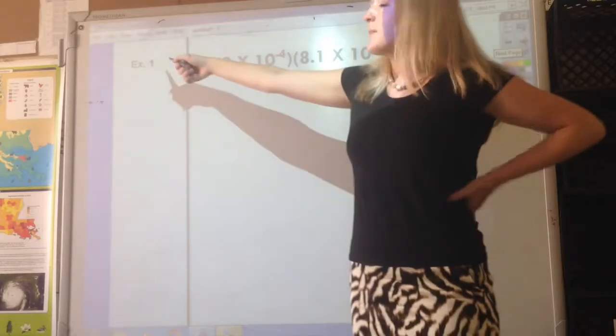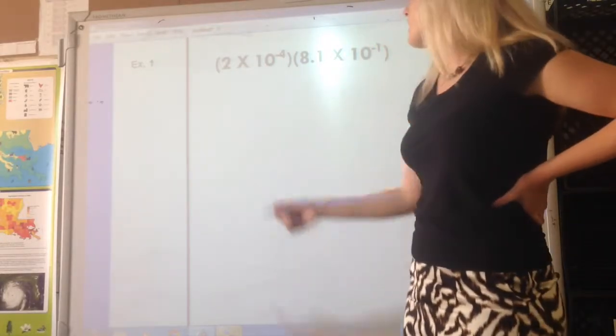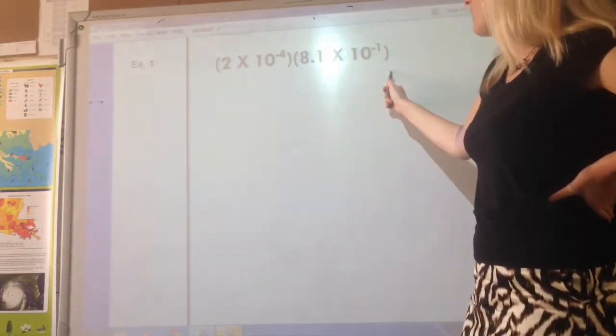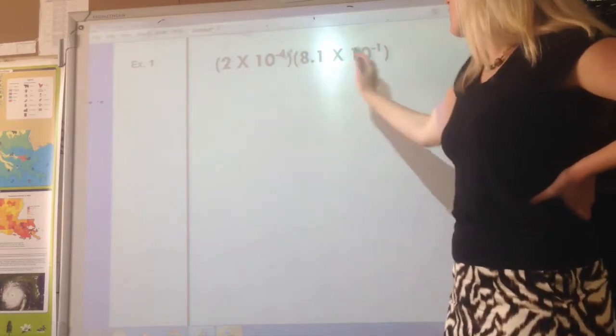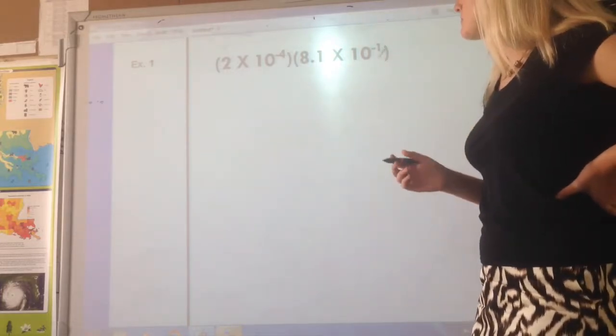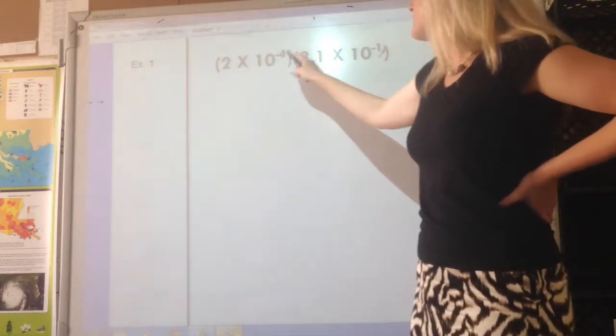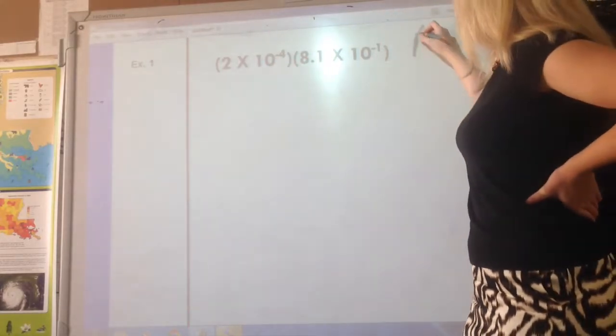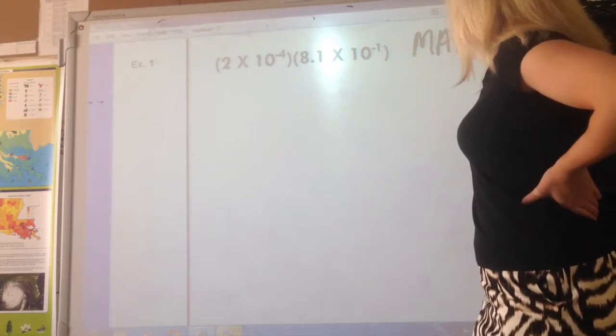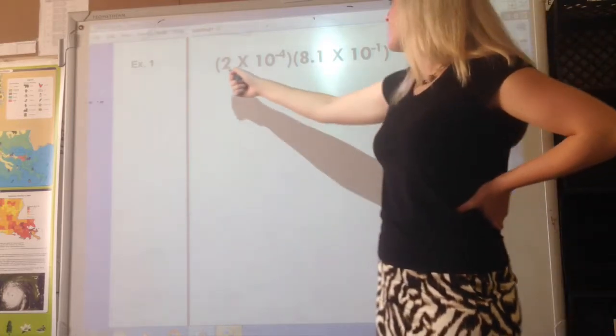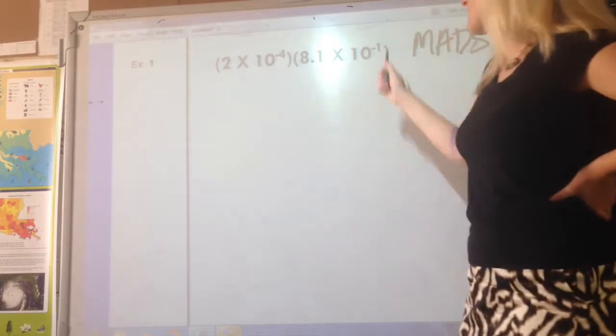Go ahead and write example 1 on your notes page. You can write this first example down, and these exponents are -4 and -1. All right, so I know because of the parentheses that I'm multiplying here. So all I have to do is remember my MADS rule. I'm going to multiply my coefficients and add my exponents.